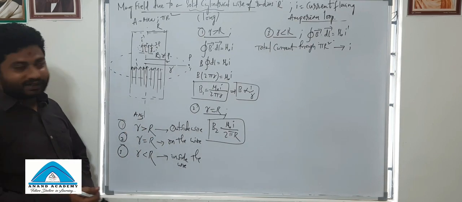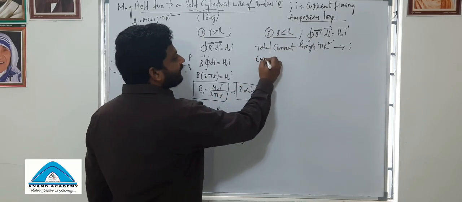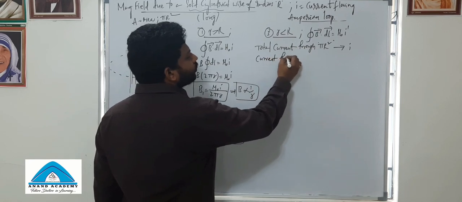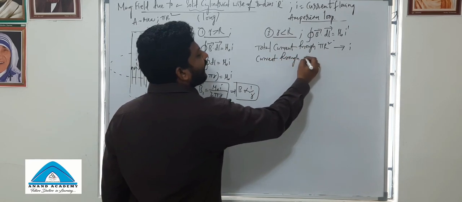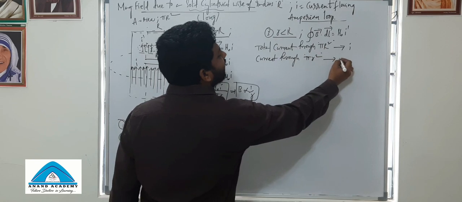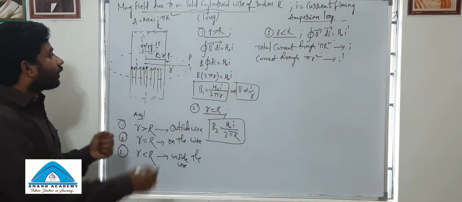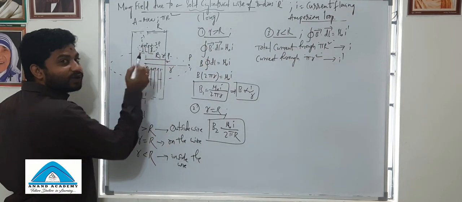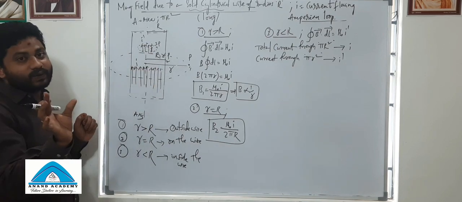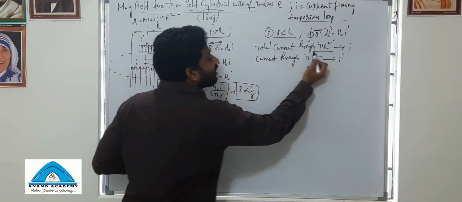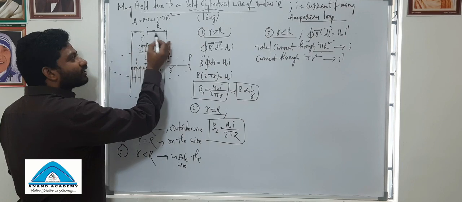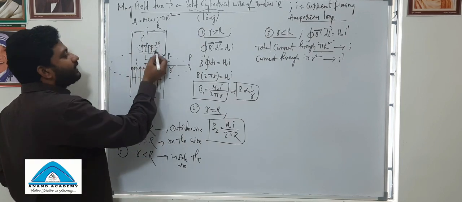That's important here. Now the current through pi into small r square is I dash. Where is pi into small r square? This is small r, right? So it is the area of that loop, the complete area of only this loop.